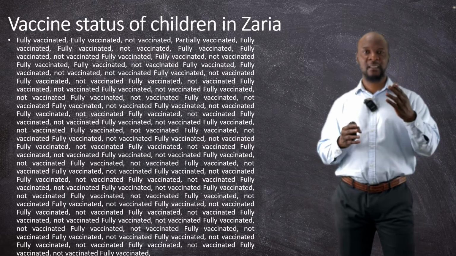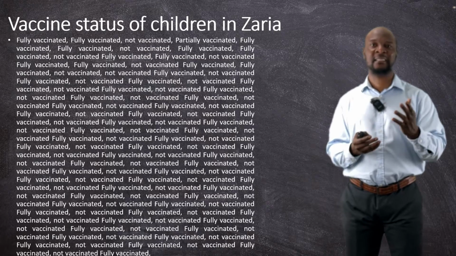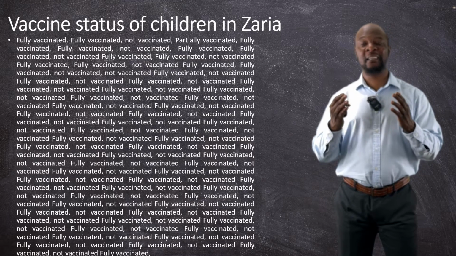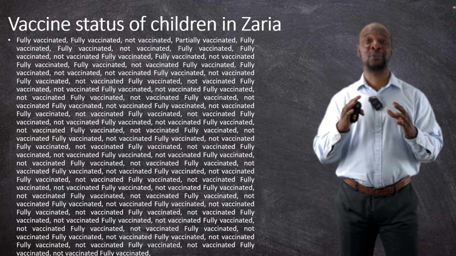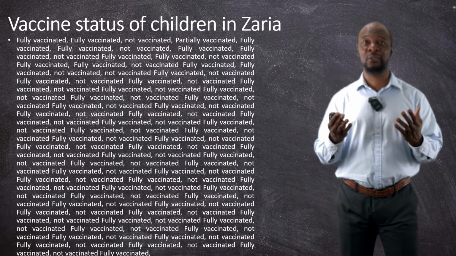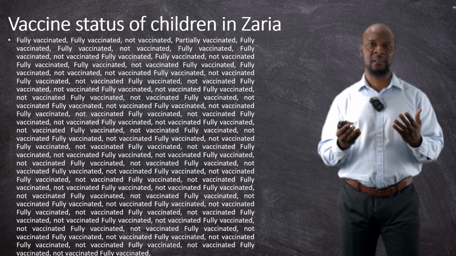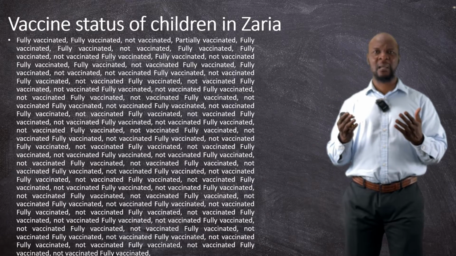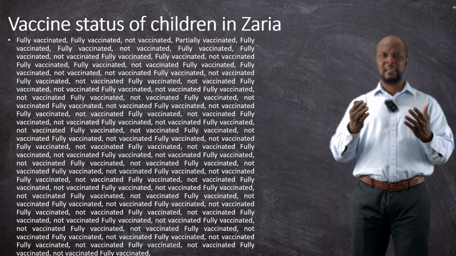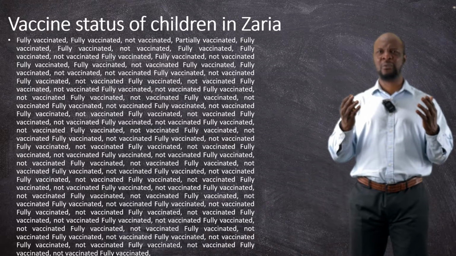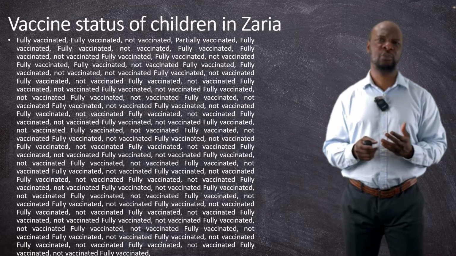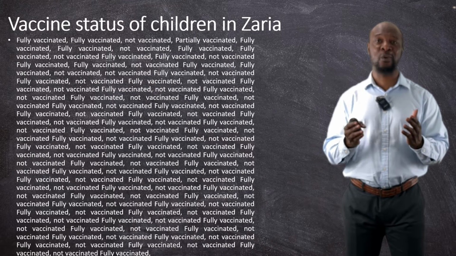You can see not vaccinated, fully vaccinated, partially vaccinated. And even though you can't make very much sense out of it, this is from 107 children just in one clinic. You can't say very much from what you have seen, and this is just from one clinic.